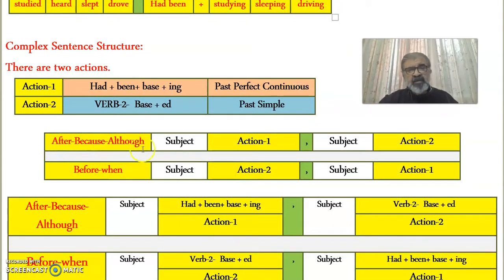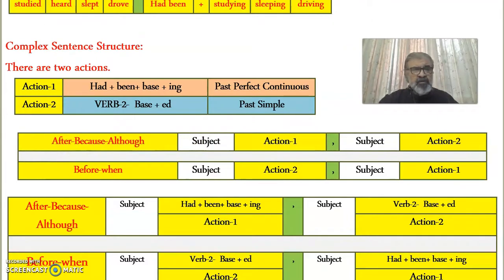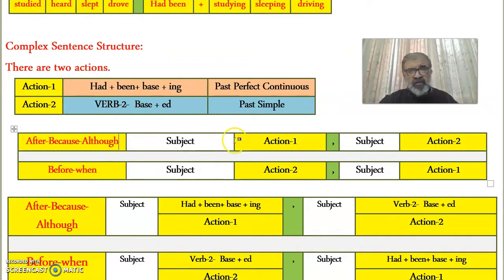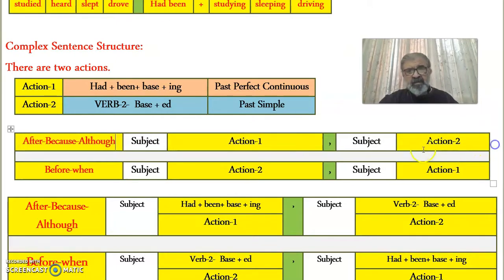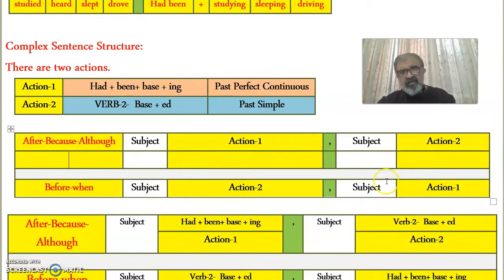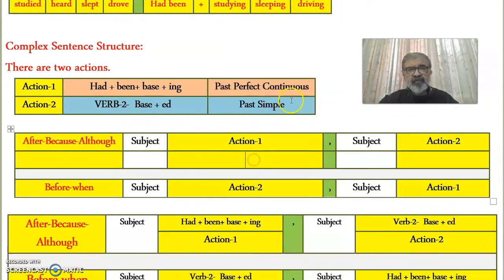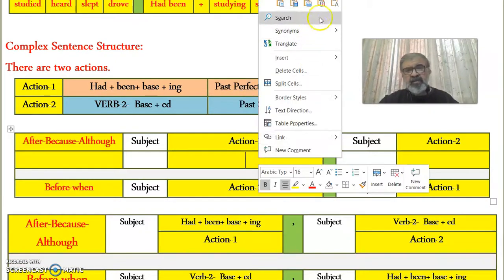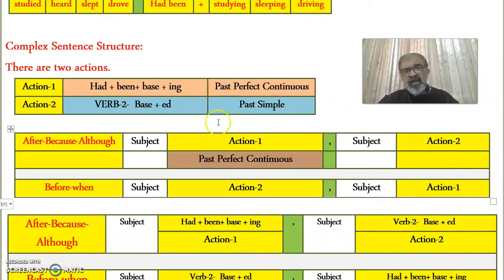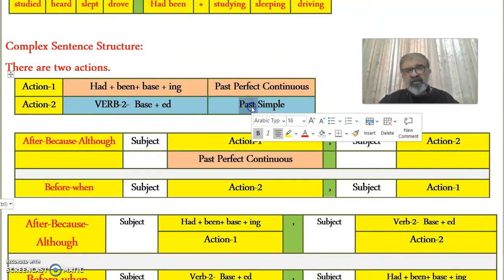In this case, as you can see, I'm using either after, because, or although, and they are all followed by action 1, and then action 2. Action 1, in this case, is the past perfect continuous, while action 2 is always the past simple.